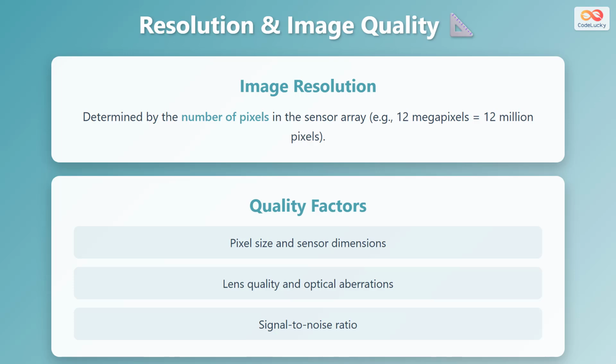The physical size of individual pixels and the overall sensor dimensions affect light gathering ability and noise performance. Lens quality and the presence of optical aberrations determine how sharply light is focused onto the sensor. Finally, the signal-to-noise ratio, which compares the actual image information to random electronic noise, plays a crucial role in producing clean, detailed photographs, especially in low-light conditions.